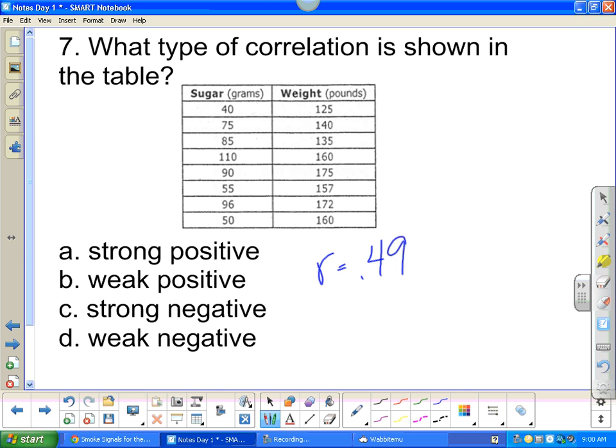Now, is that positive or negative? It is positive, so we can take both of these out. But 49 cents, is that close to a dollar? Or is that more close to having nothing? And it's definitely not strong. 49 cents is going to be a little bit less than half. So I would definitely say that this is weak.